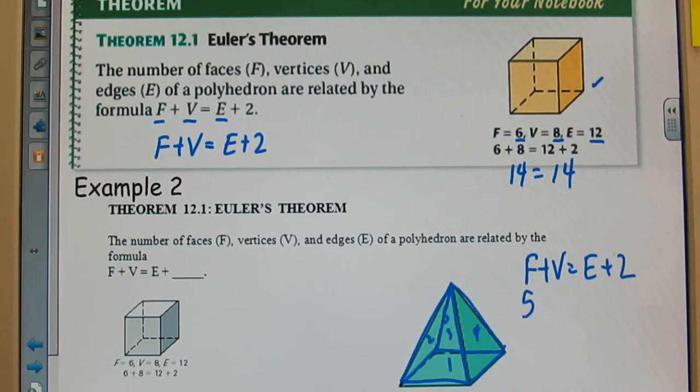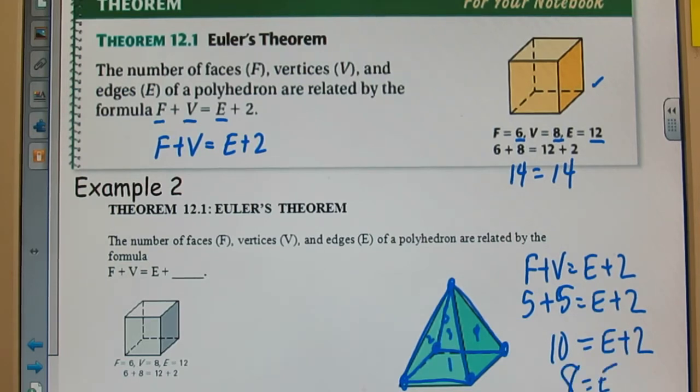So faces is 5, vertices 1, 2, 3, 4, 5. And then edges is what I'm solving for. So 10 is equal to E plus 2. If I move my 2 to the other side, I should have 8 edges: 1, 2, 3, 4, 5, 6, 7, and 8. And yeah, it checked out.